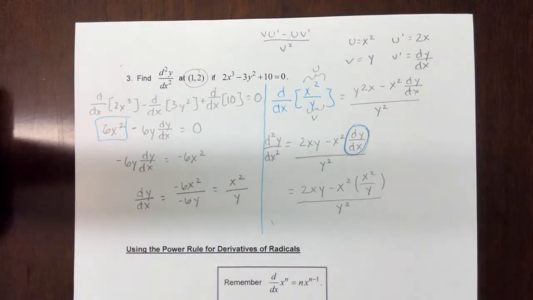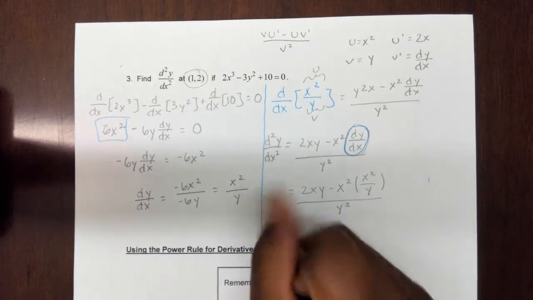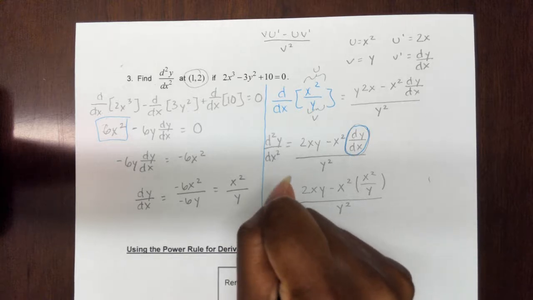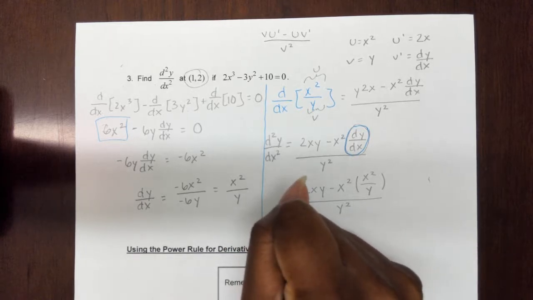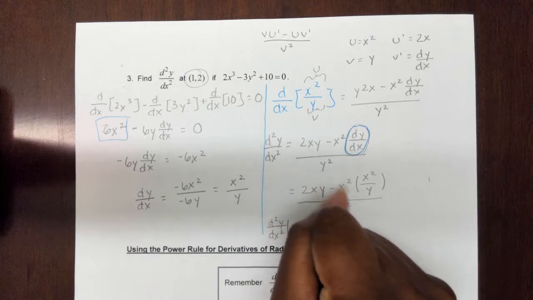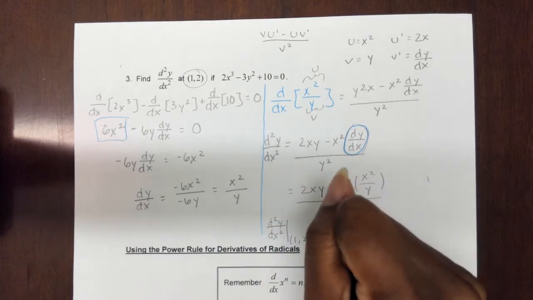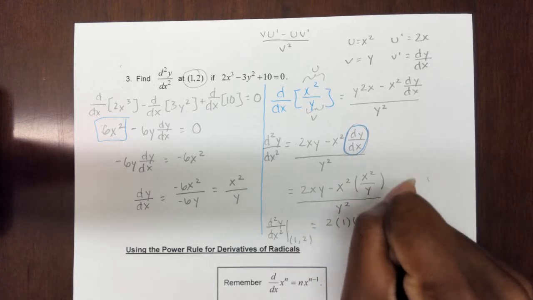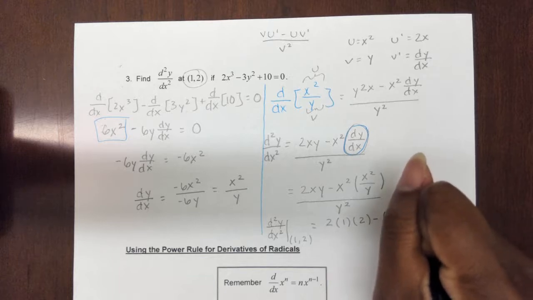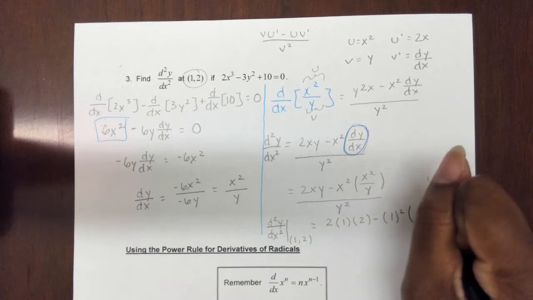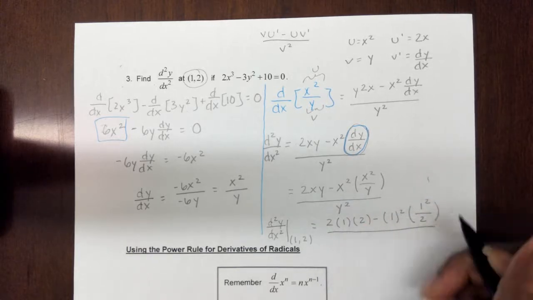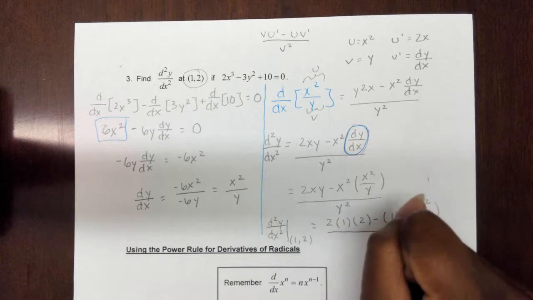Since we want to know the second derivative at the point 1, 2, we are going to substitute in for x and y. So the second derivative at the point 1, 2 should look like 2 times x, which is 1, times y, which is 2, minus 1 squared times 1 squared over 2, all over 2 squared.